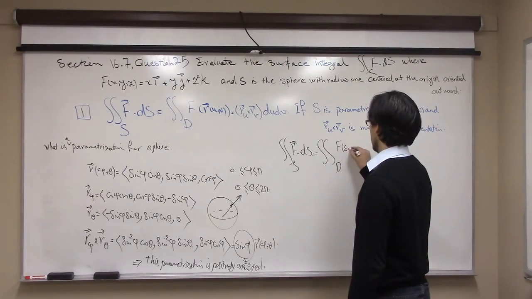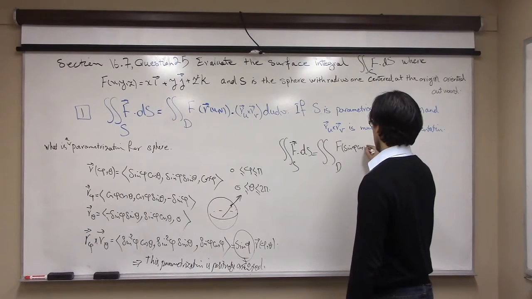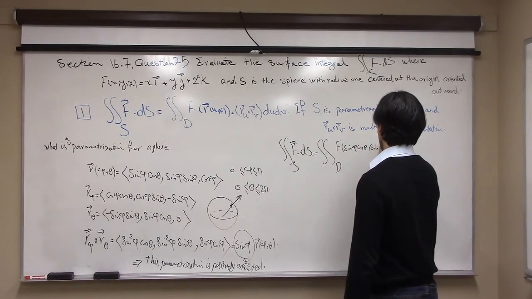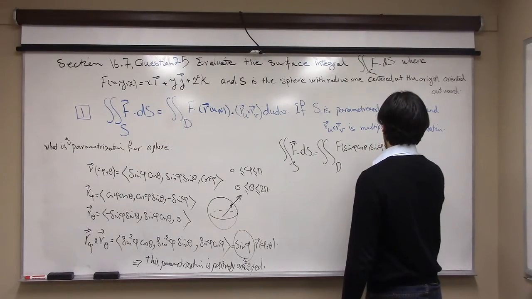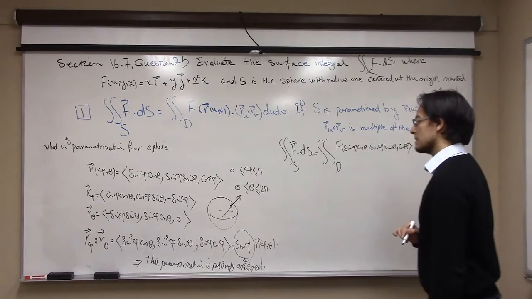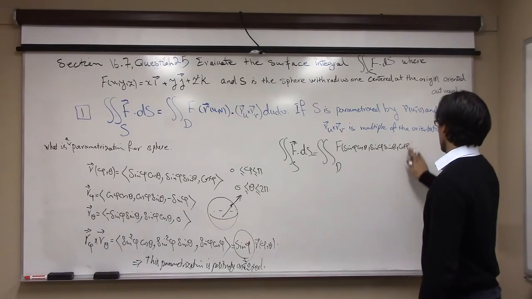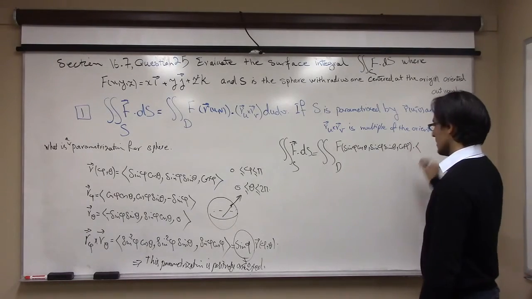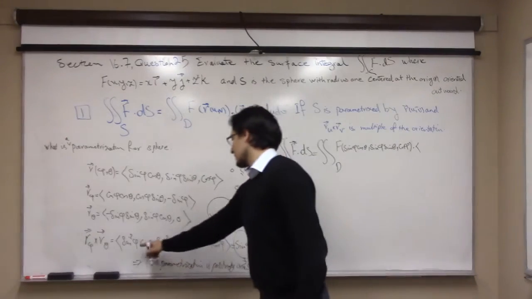For x you plug in sine phi cosine theta, sine phi sine theta for y, and cosine phi for z. Then dot product this with the cross product that we found here.